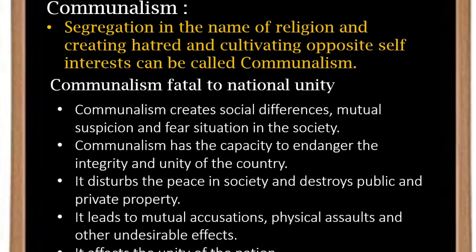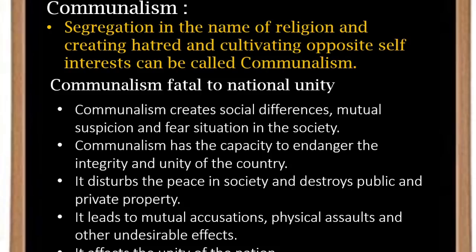Communalism also leads to mutual accusations. People of one community put blame on others. They accuse others: you are responsible for all these ugly events. So, one person shifting the blame on others, people of one community putting the blame for all the mishappenings on the other community.